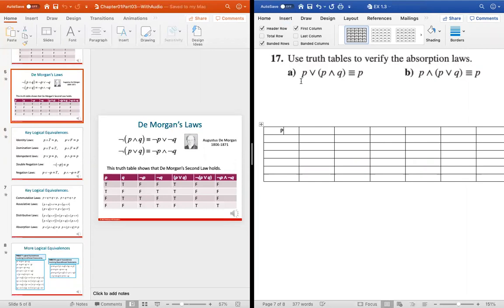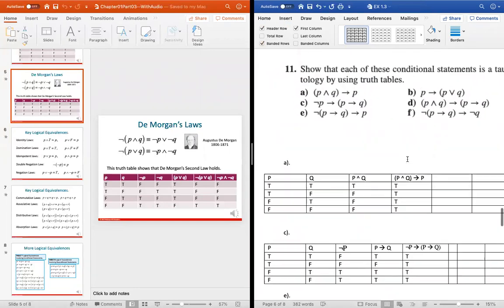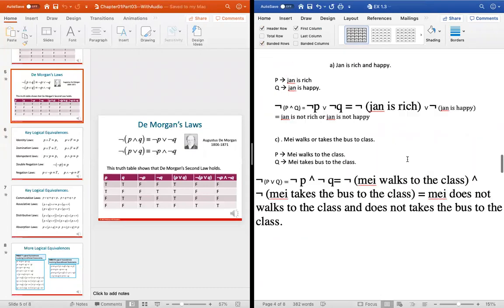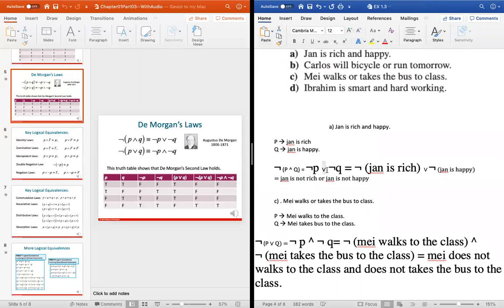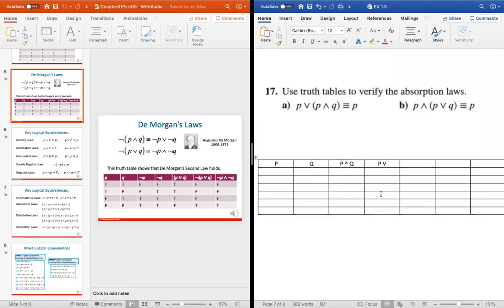Okay, we have P, we have Q, we have P and Q, we have P ORed with P and Q. So here we have true, true, false, false.